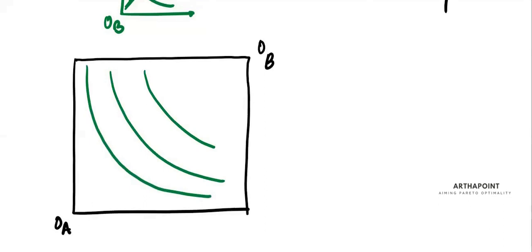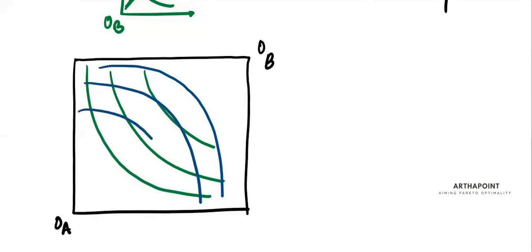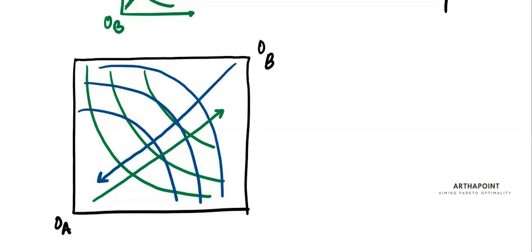And with another color, let me draw the indifference curves of individual B. The direction of preferences for individual B is this, because you're going away and away from the origin. The direction of preferences for individual A is this, because you're going away and away from the origin. This is what constitutes the Edgeworth box.